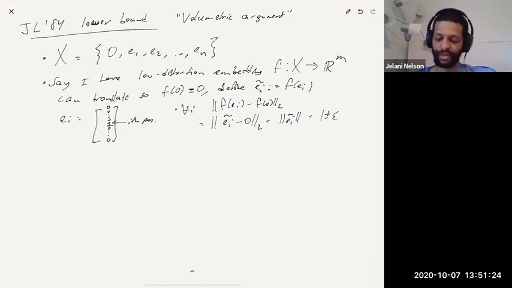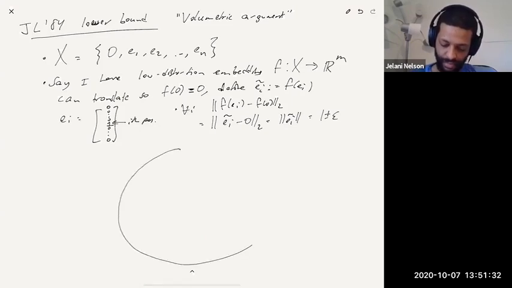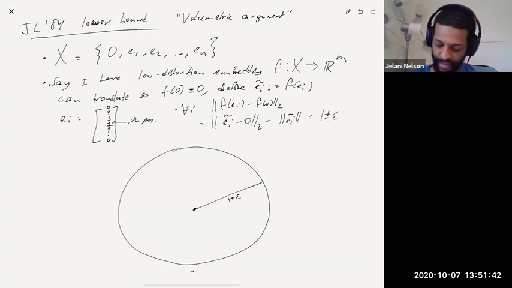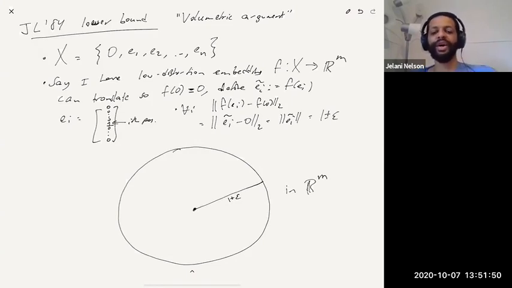Okay, so here's the picture. Here I have a ball of radius 1 plus epsilon, and this is in R^m. What do I know? I know that all the ei tildes are in this ball because they all have norm 1 plus or minus epsilon. What else do I know?